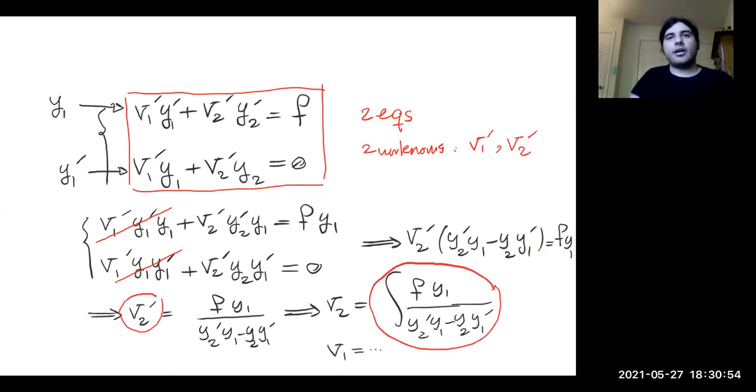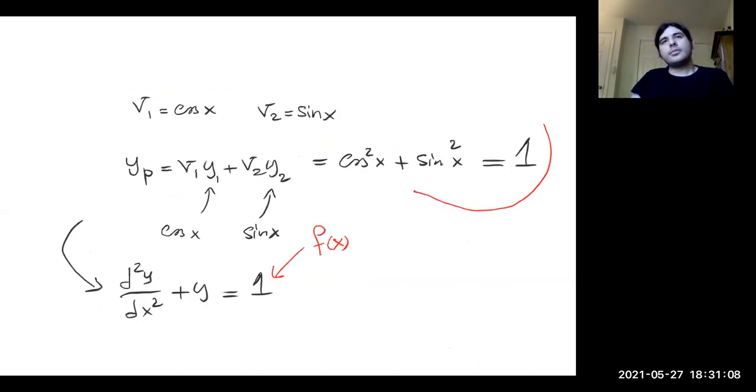Computing this integral might be complicated. So assuming we can take the integral, we would be able to solve the non-homogeneous equations if we can solve the homogeneous one. Okay, is there any question here?